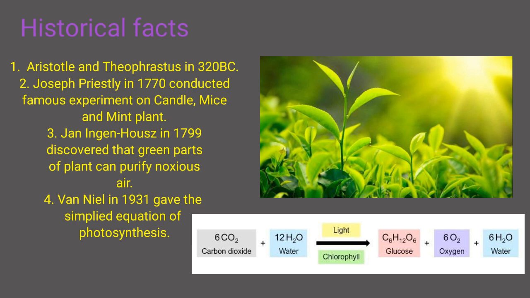This was a significant finding in the whole photosynthetic process, and this equation was put forward in the year 1931. So these are some small facts about the early experiments that were conducted on finding the different processes involved in the mechanism of photosynthesis.